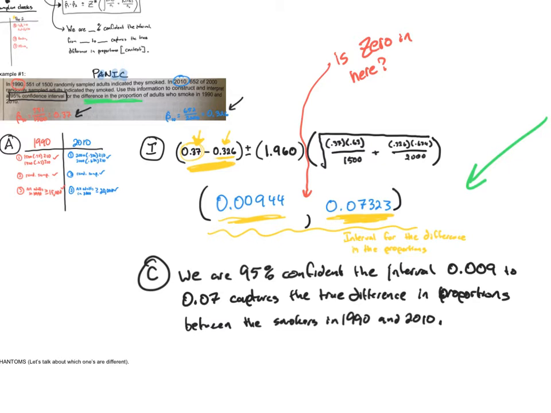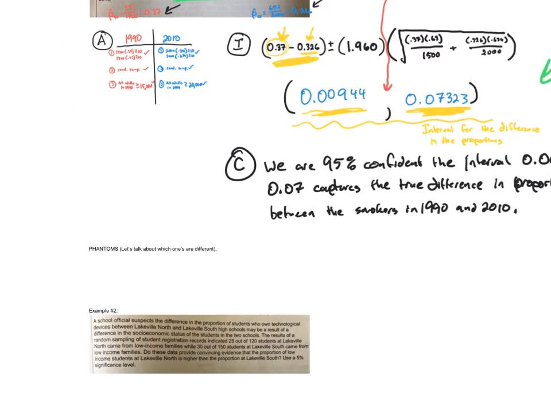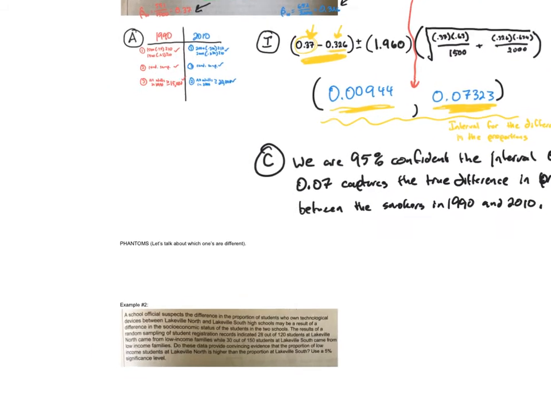If 0 is not in here, that means we actually believe there is a difference between the 2 years, and then we can assess which one has a bigger proportion or whatnot. So this is the question I want you to always ask: is 0 in this difference in proportion confidence interval?